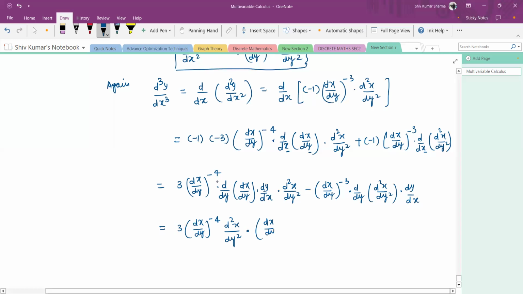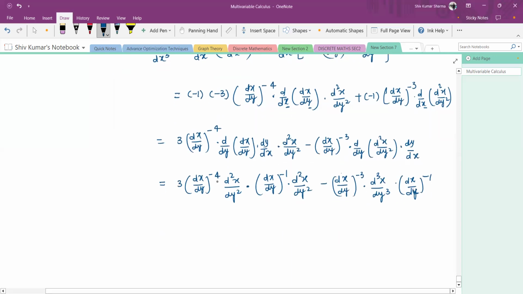So we write down as (dx/dy)^-1 into d²x/dy² minus (dx/dy)^-3 into d³x/dy³ into the value of dy/dx, we also write here (dx/dy)^-1.